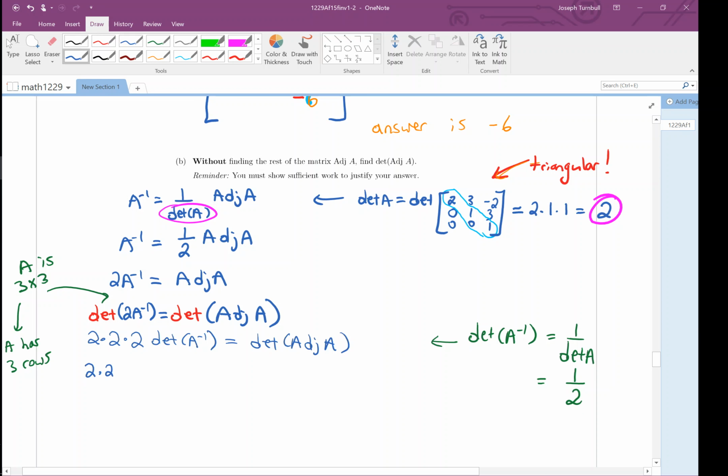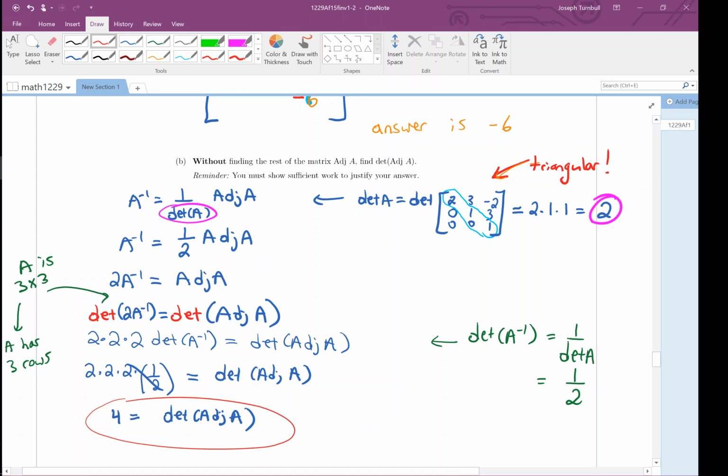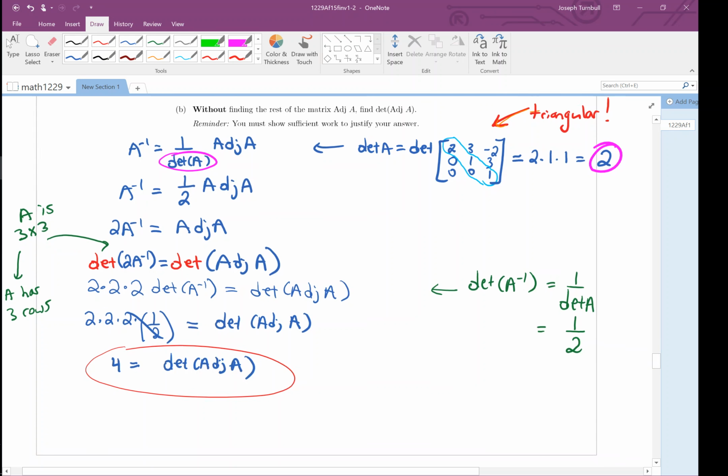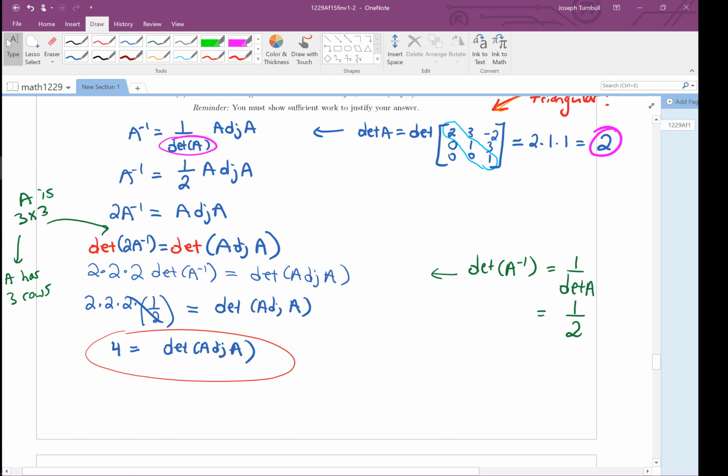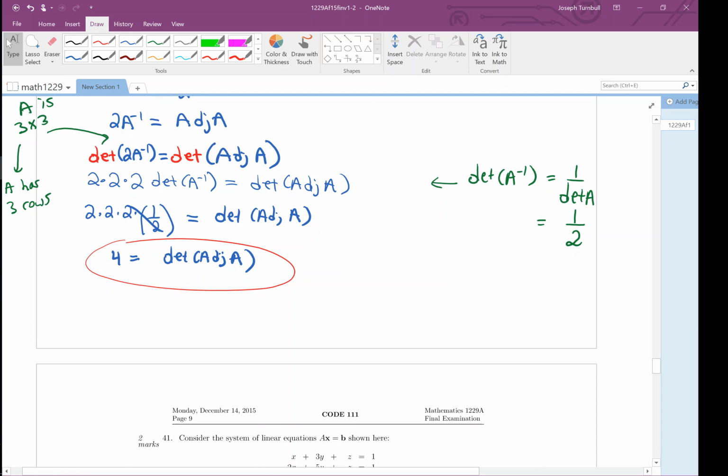So we'll have 2 times 2 times 2 times 1 over 2 equals determinant of the adjoint of A. So we get a partial cancellation. 2 times a half is 1, and what's left, 2 times 2, we have 4 equals determinant of the adjoint of A. That's the answer. Now there's a pattern. You could find out what it would be if it was a 4 by 4 or 5 by 5. If all that you knew was its determinant, then there's a nice pattern that comes out.